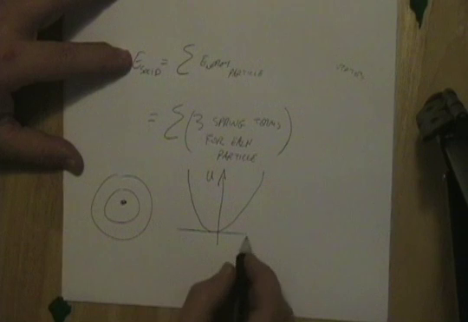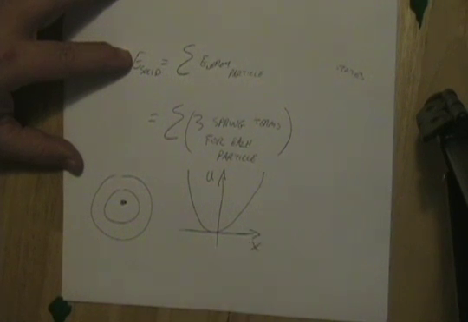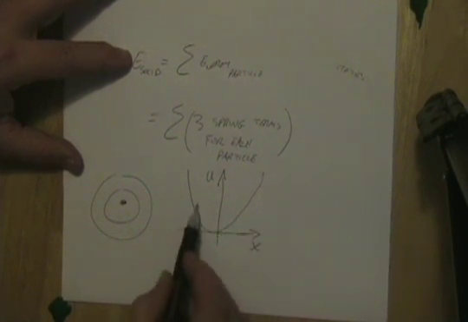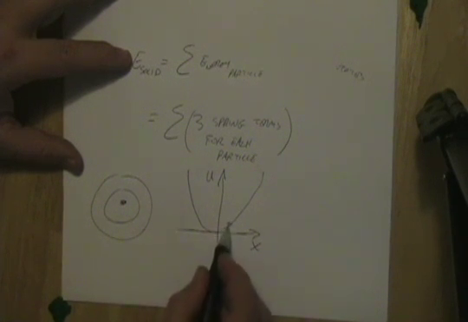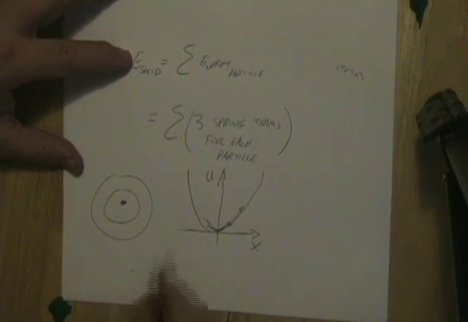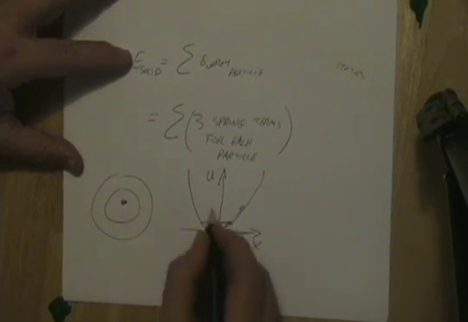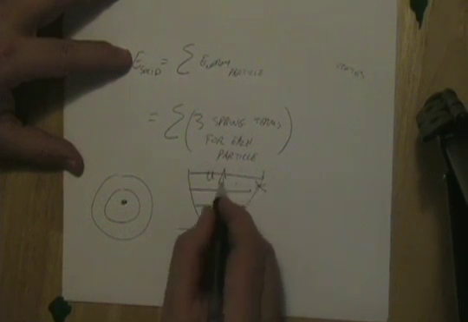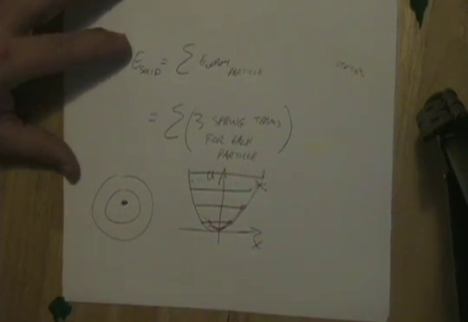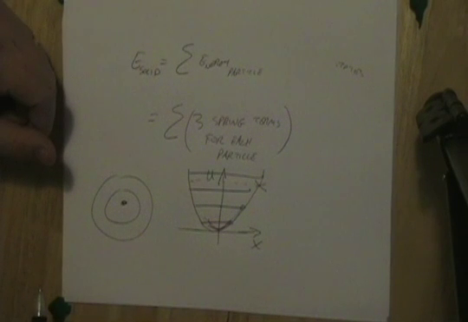If I call this U potential energy and I call this position, we normally think that something could go back and forth any height you want. You could drop the ball from here back and forth, or from here back and forth. What we learn in quantum mechanics is no, it can be this high, or this high, or this high, or this high, but not there. It can't be that height there.